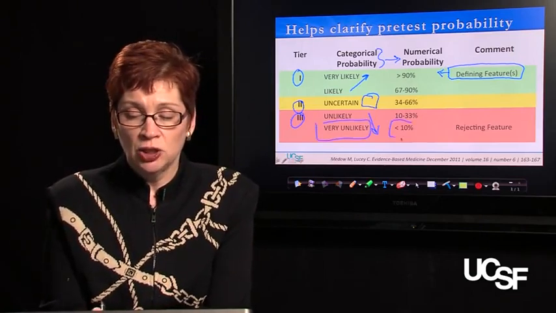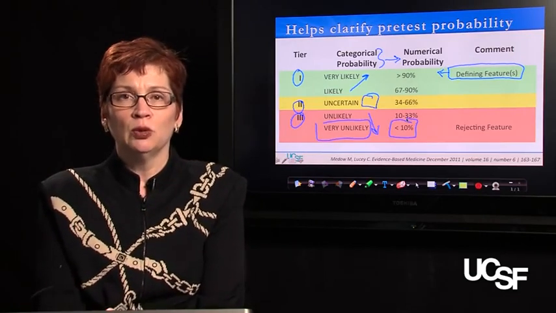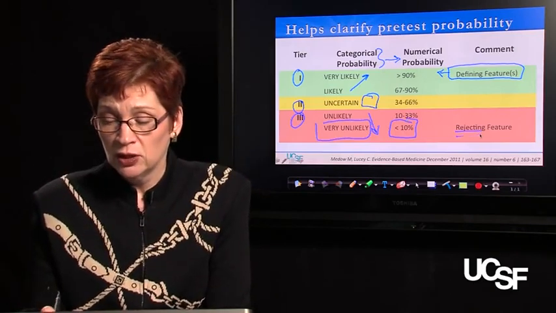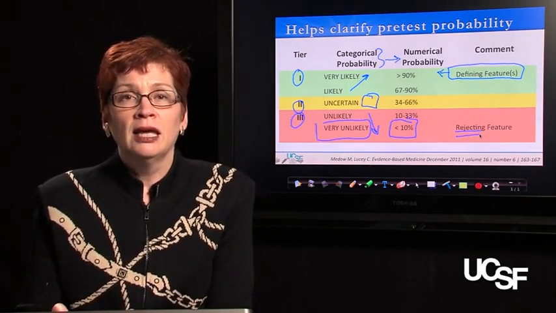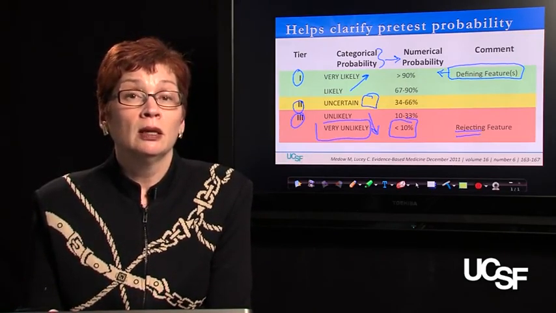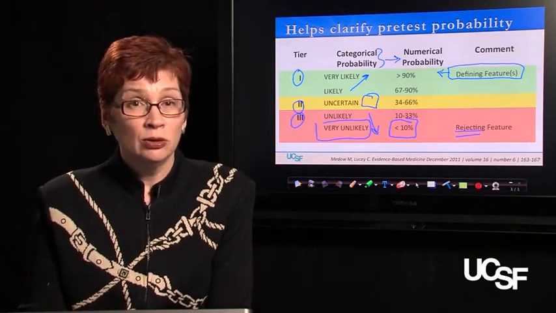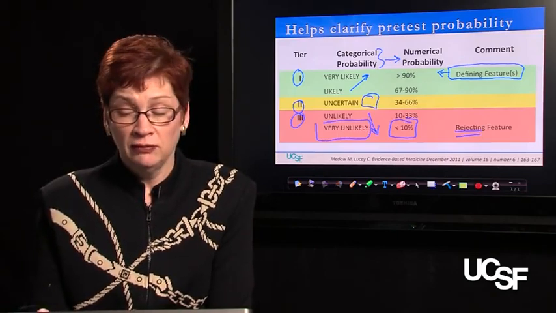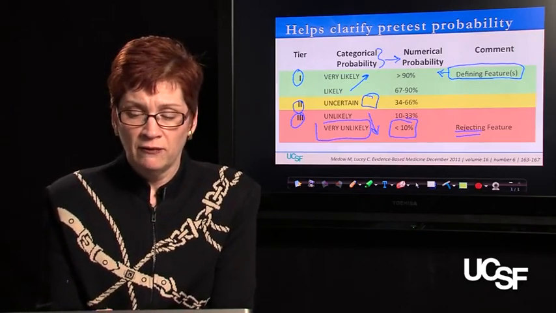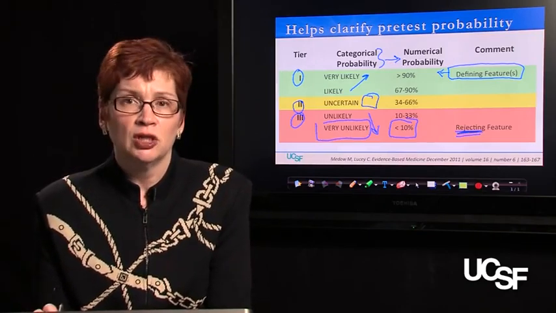Something that truly has just a single symptom link between your patient's illness script and your disease illness script, or a rejecting feature. Remember our case of Guillain-Barré syndrome. We said if a patient presenting with lower extremity weakness has increased reflexes rather than absent reflexes, they don't have Guillain-Barré. So in that situation, Guillain-Barré would be a very unlikely disease because that's a rejecting feature.